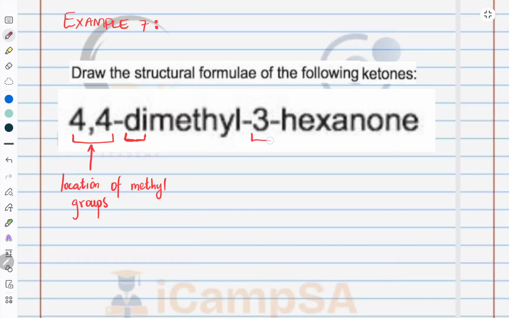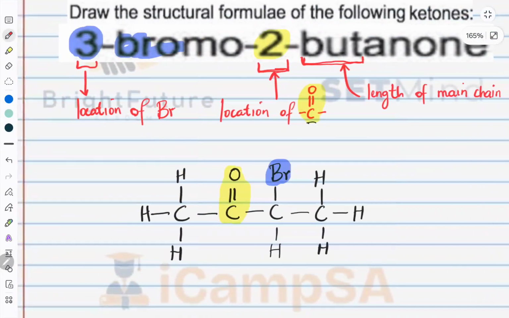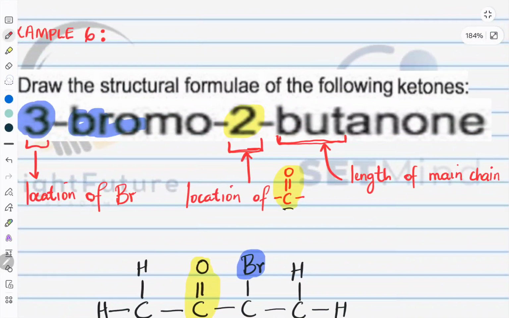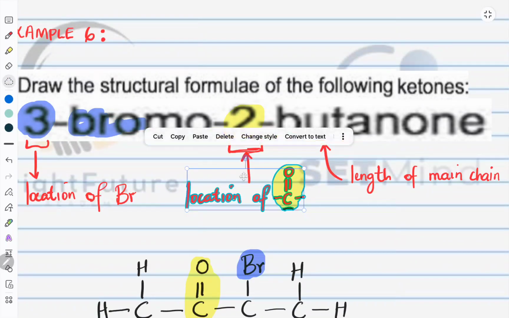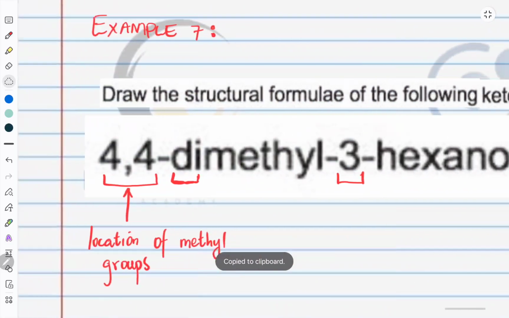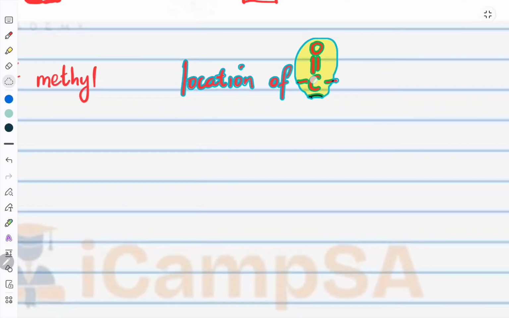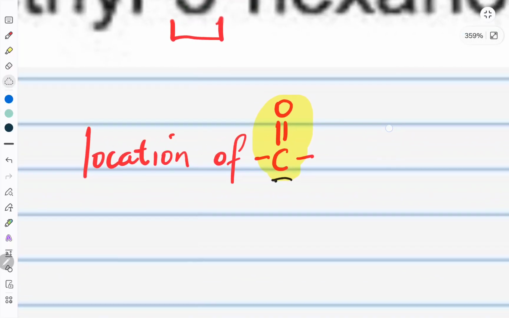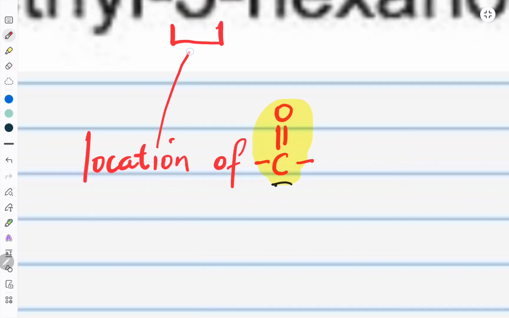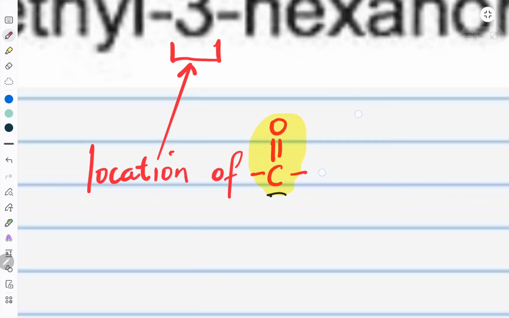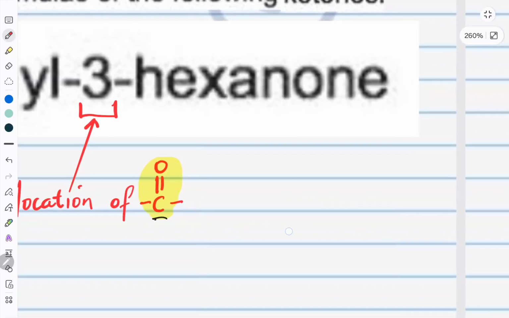And then this is the location of our carbonyl group. Okay, that's the location of our carbonyl group, that one. And then hex, this tells us the length of our chain.